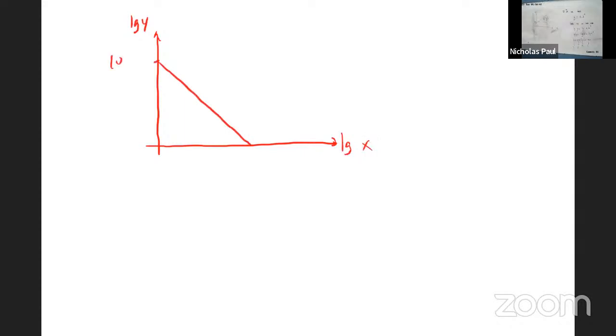This value here is (0, 2), and I am giving you the x-intercept. This value is (5, 0). And I gave you an original equation: y is equal to a x to the power b. I would like you to somehow find a and b.